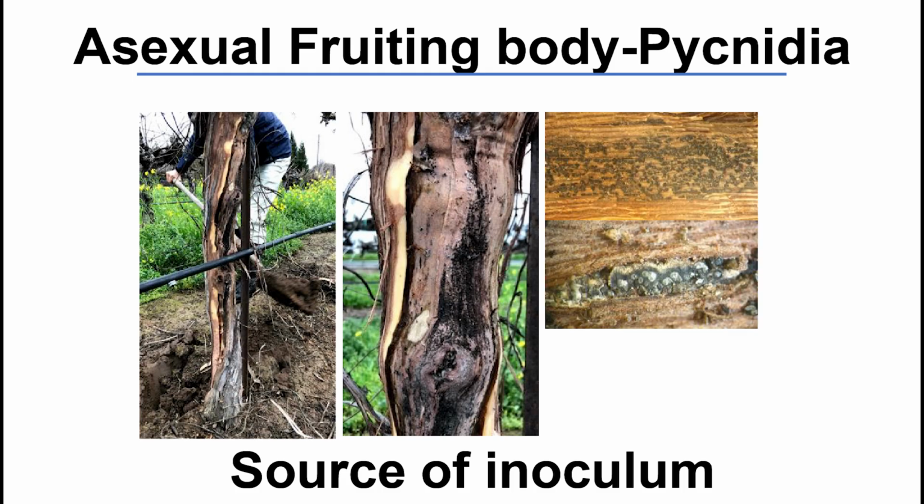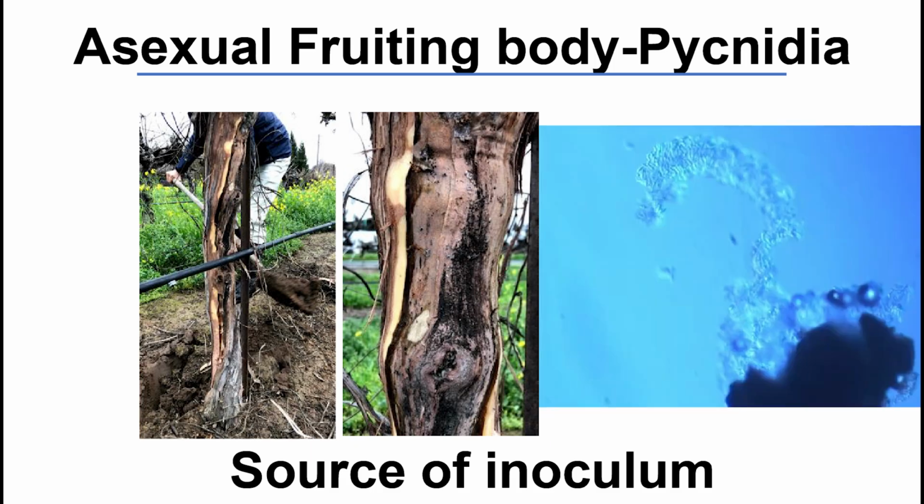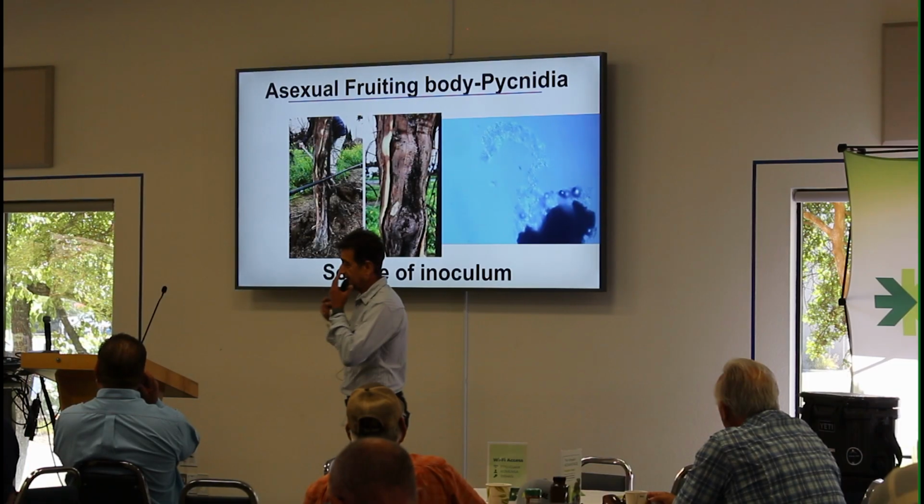This is how it looks in close-up. When a single drop of water or precipitation activates that structure, each structure releases thousands of spores, each one of them like a seed of the pathogen.